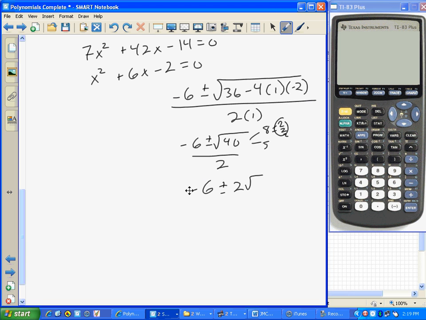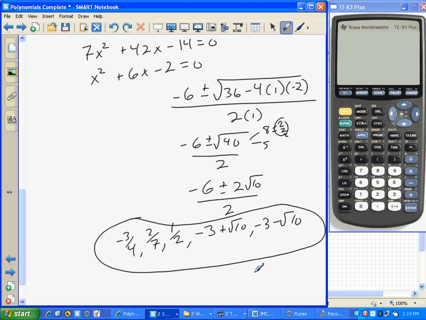We've got negative 6 plus or minus 2 square root of 10, over 2. And I can reduce all these by 2, so I get negative 3 plus square root of 10, negative 3 minus the square root of 10, and the other ones that I divided out, which were 1/2, 2/7, and negative 3/4. These are all 5 of my roots.